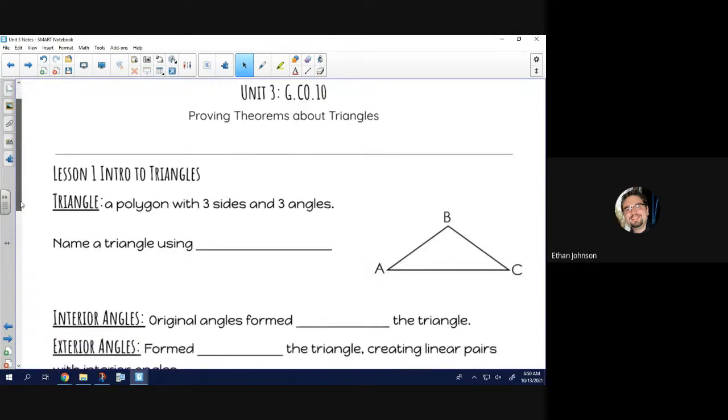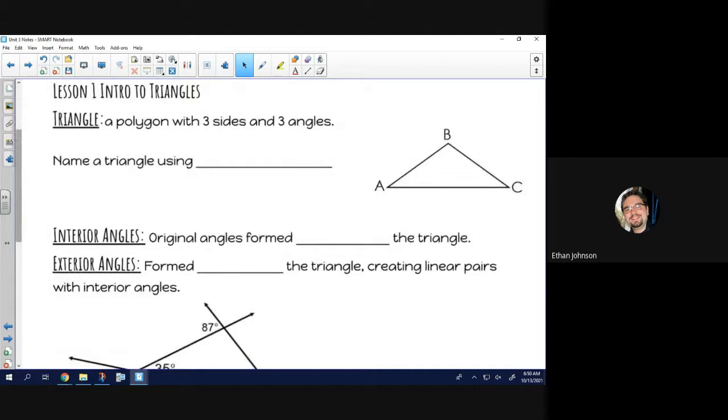So starting off, a triangle is a polygon, or a many-sided figure, with 3 sides and 3 angles. To name a triangle, we need to use 3 vertices or 3 angles.